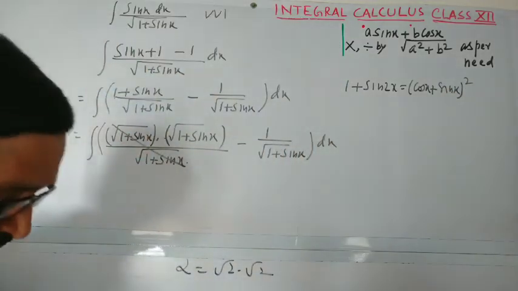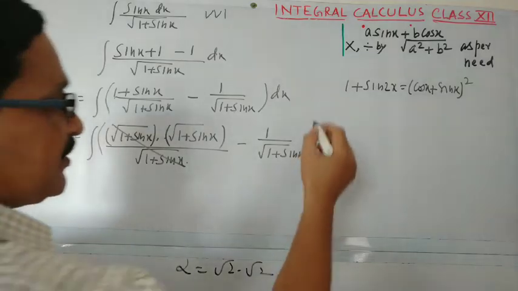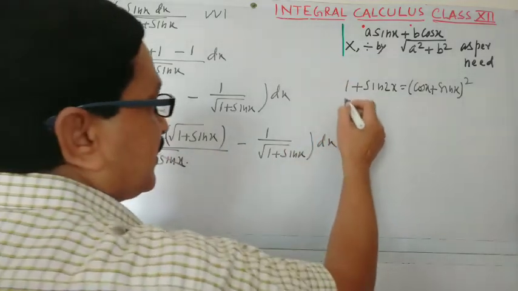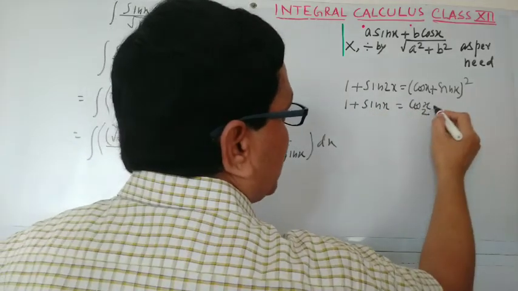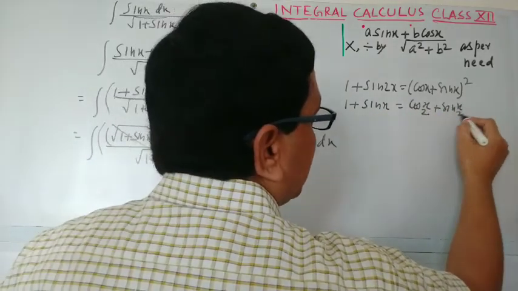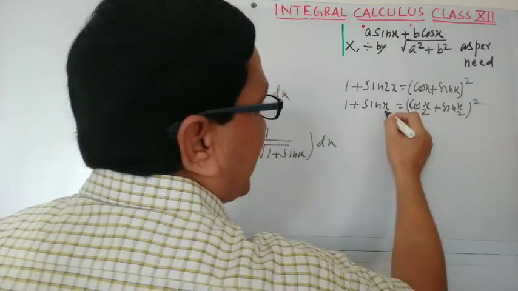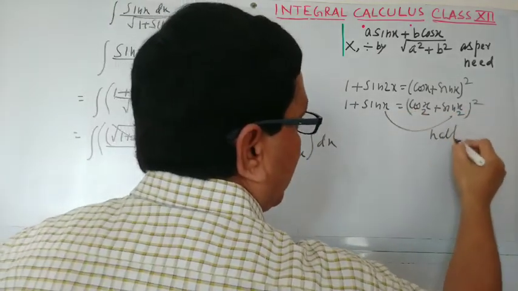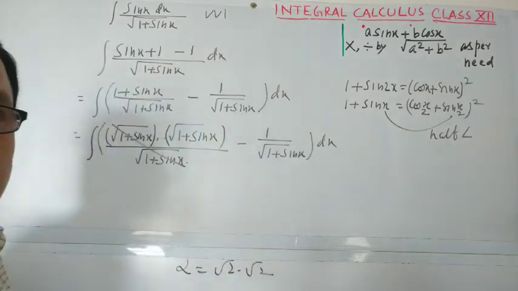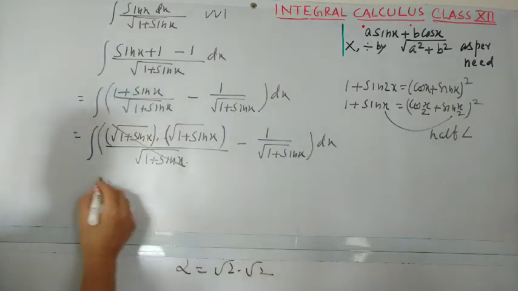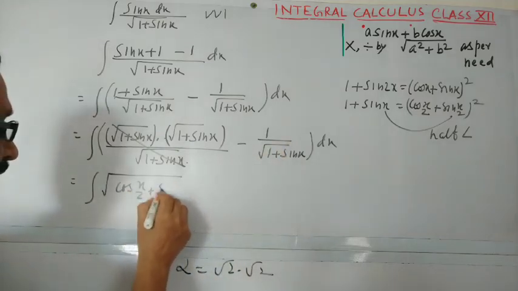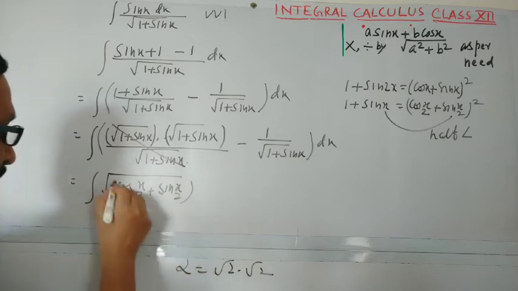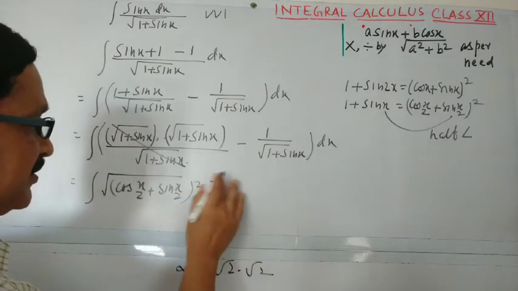This is a very important formula of trigonometry. So 1 plus sin x is cos x by 2 plus sin x by 2 whole square, the half angle formula of trigonometry. Now we are left with this root over cos x by 2 plus sin x by 2 whole square minus dx.